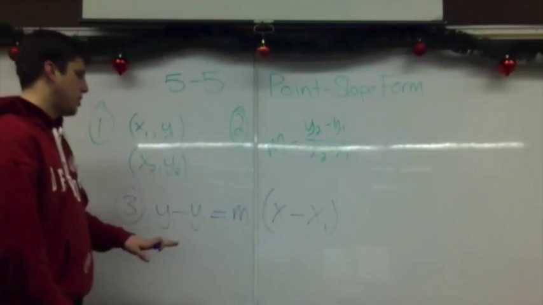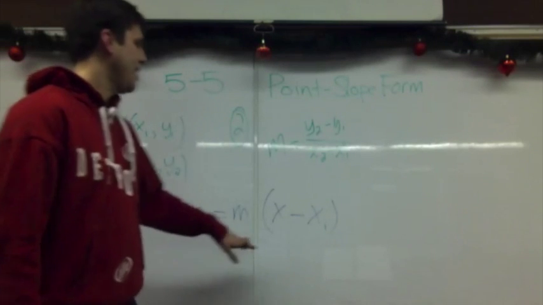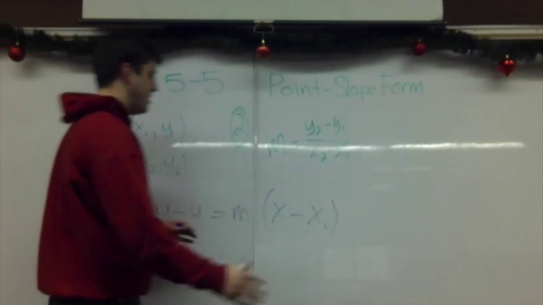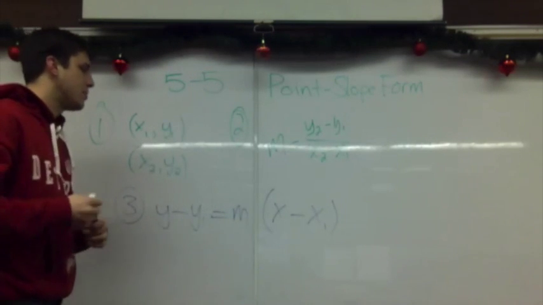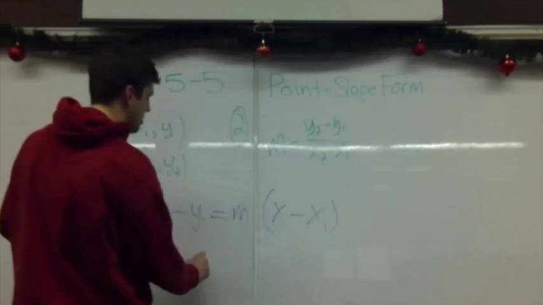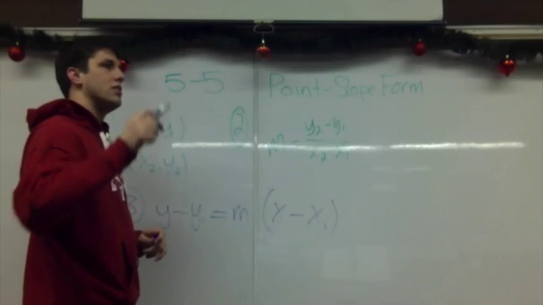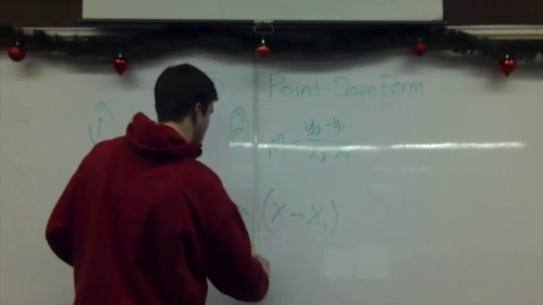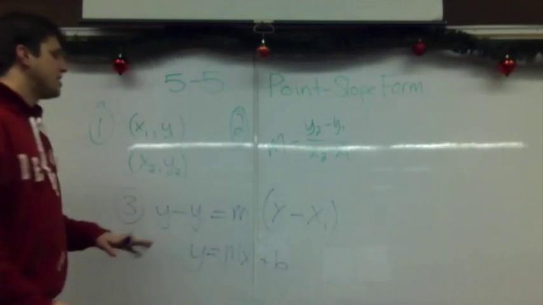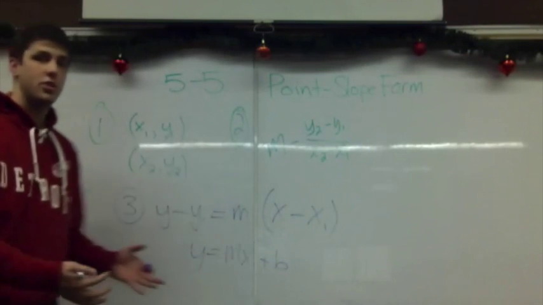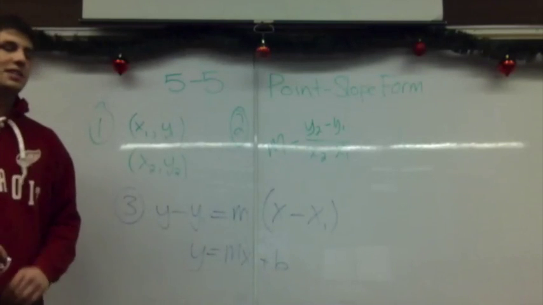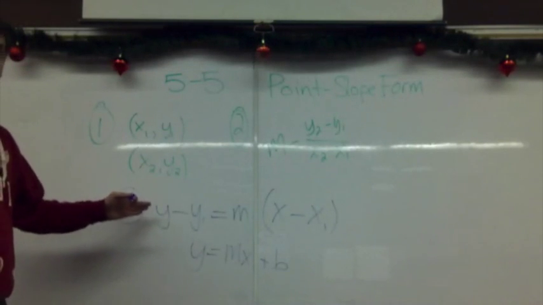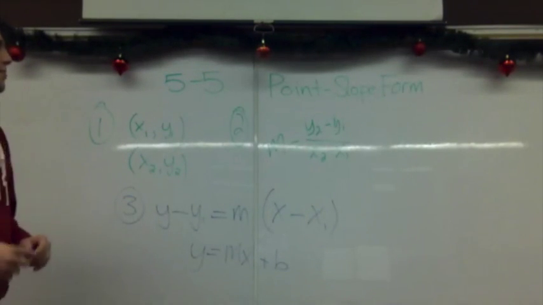And once you plug in a number for y1, m, and x1, then you would simplify the equation. And when you simplify it, you would get your slope-intercept form, y equals mx plus b, which not only tells you b, but it also just gives you the full equation. And that's one of the strengths of using this way of finding b in your third step.